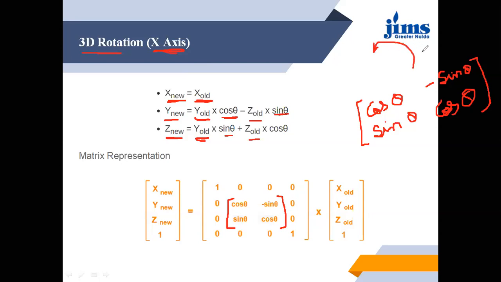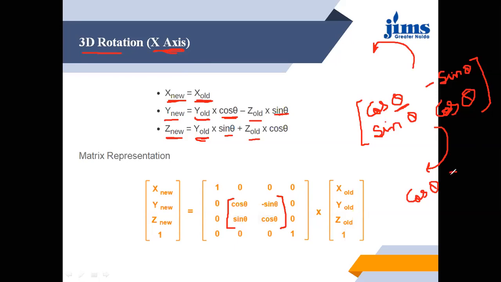When we are rotating the object in the clockwise direction, we have to take minus theta instead of theta. Then cos minus theta is cos theta, so it will be the same, and sine minus theta is minus sine theta.